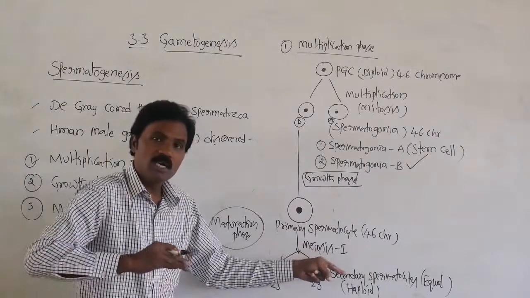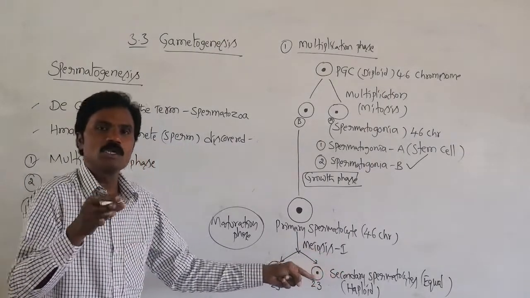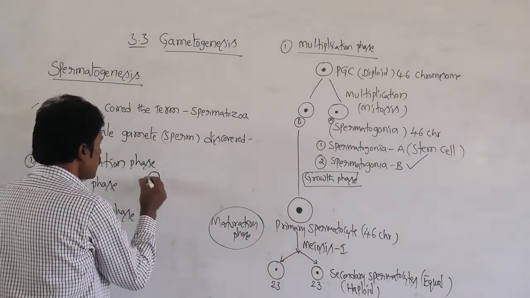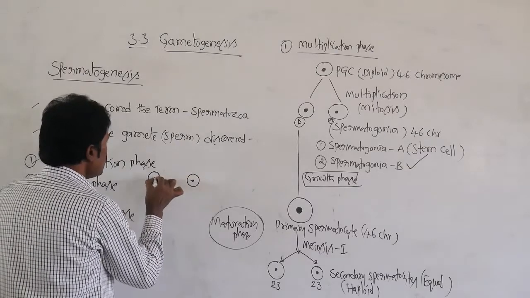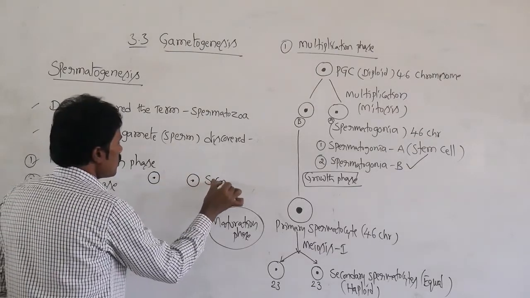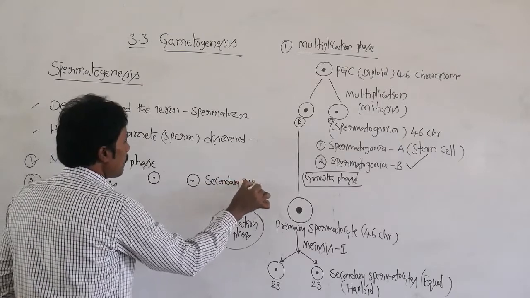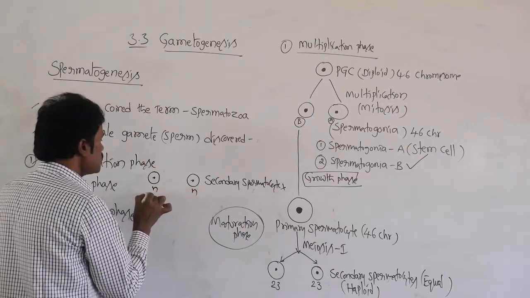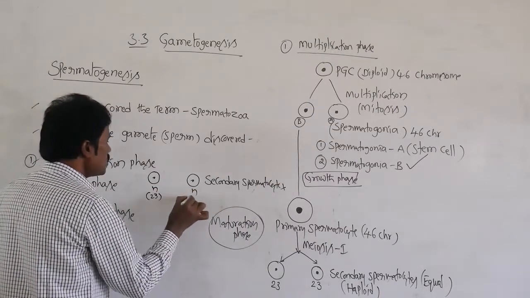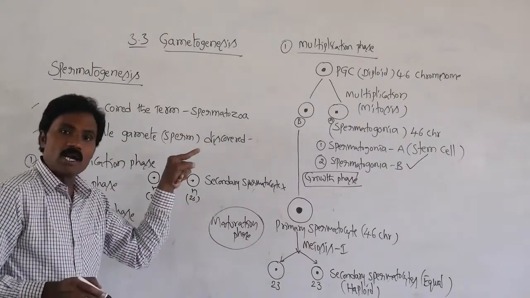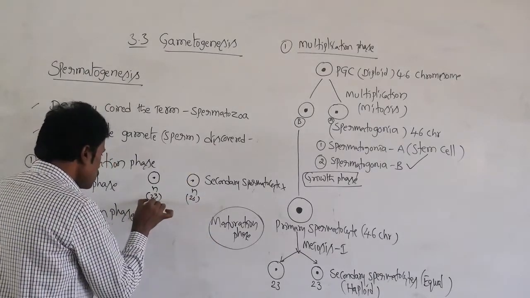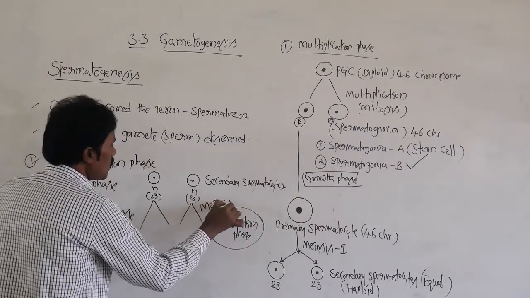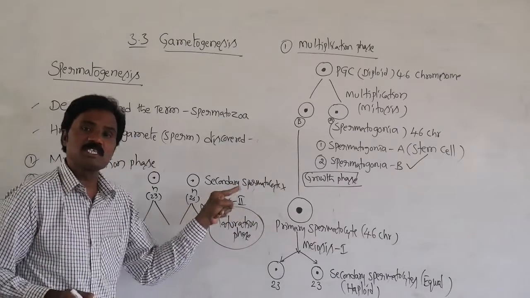The secondary spermatocytes immediately undergo meiosis 2 cell division. These are the secondary spermatocytes, in the haploid condition, each with 23 chromosomes. Meiosis 2 means reduction cell division 2.